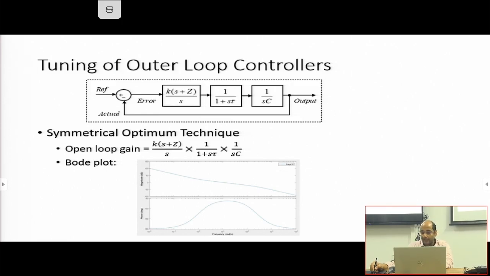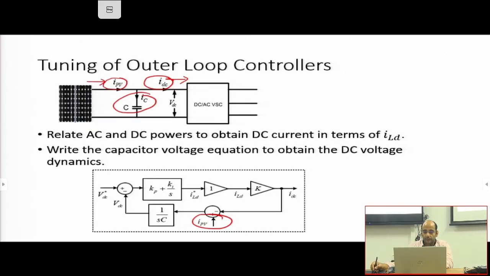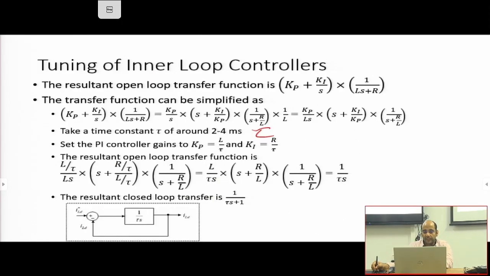Okay, and then you have some transfer function here; you can use it as a gain of 1, or if you still want to, remember we discussed that this overall will become 1 by (tau S plus 1). It can be treated as a first order transfer function.